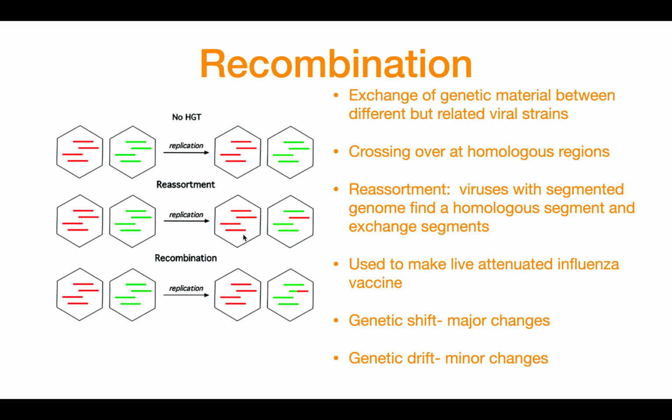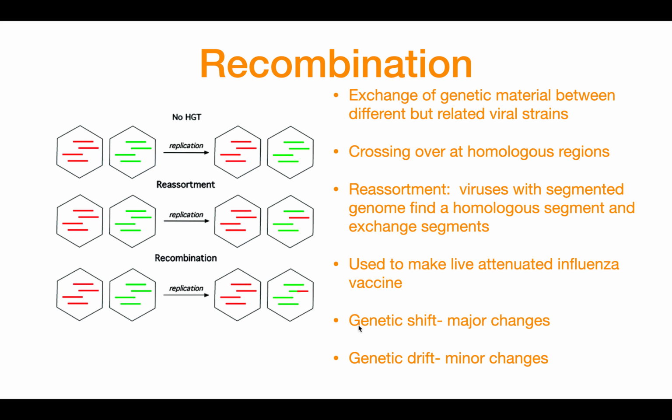Reassortment, on the other hand, is when segments are exchanged. So as you can see here, this is A, B, and then when they are replicated, this one might have parts of the genome of A inside virus B. So we use these to make the live attenuated influenza vaccines.